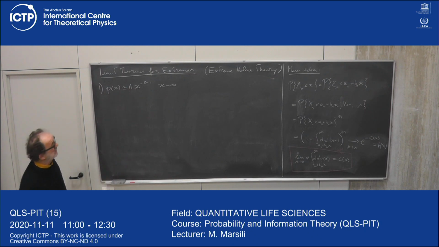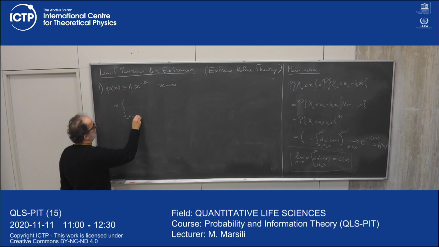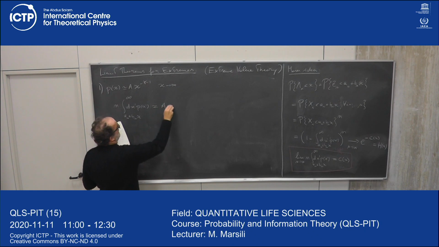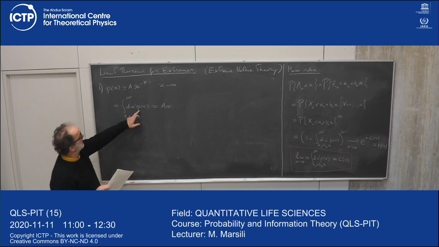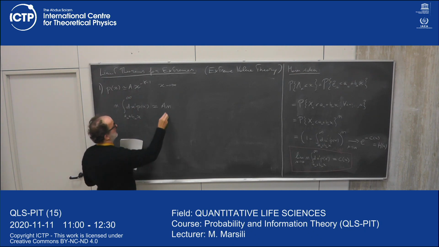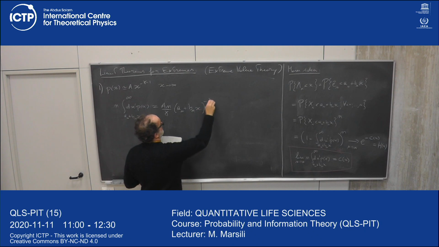Then in this case I can take this object an plus bn x, and I can estimate it, because essentially here I have a times n times x to the minus gamma minus 1, and the integral of this gives me 1 over gamma times an plus bn x to the minus gamma.